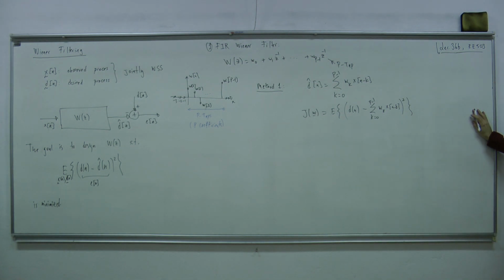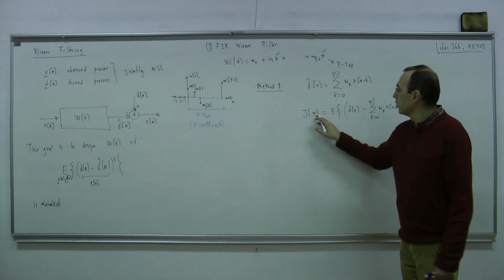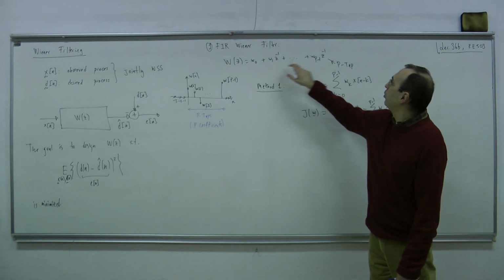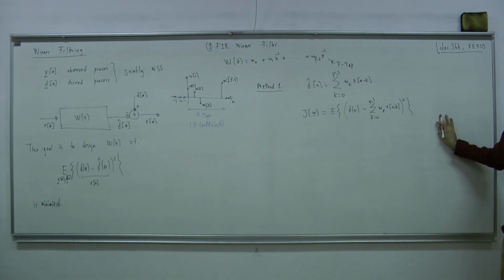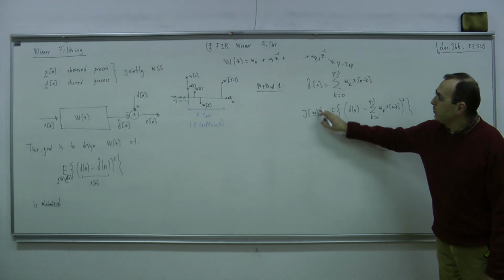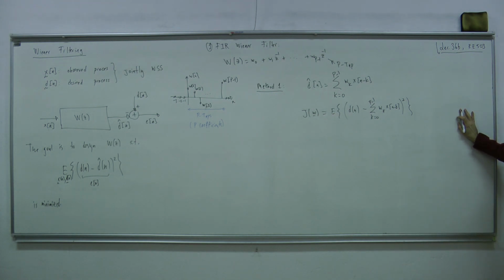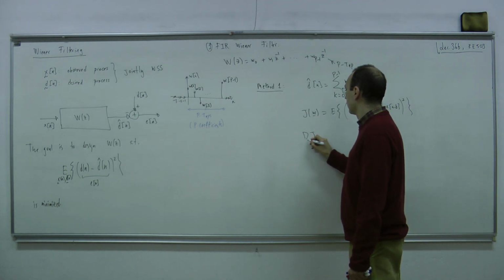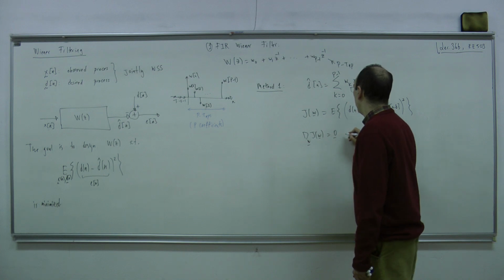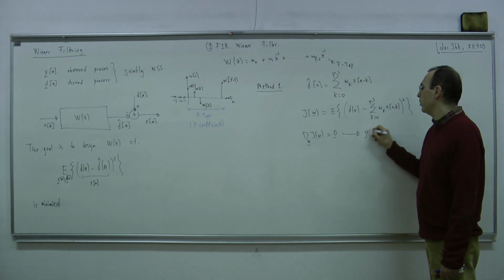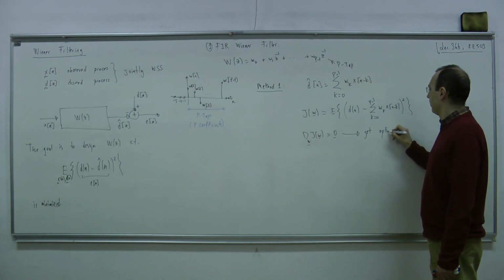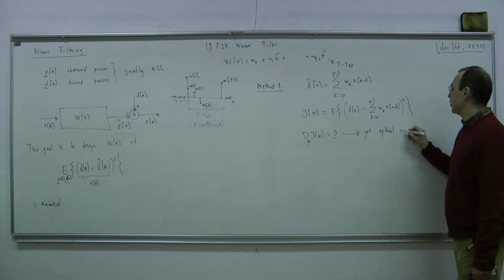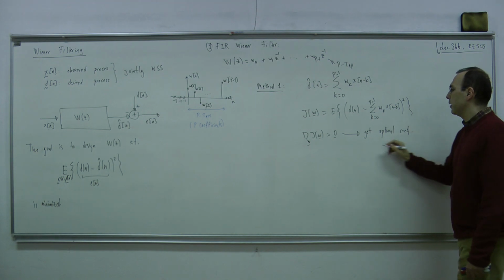And I can say that then I will be taking derivatives with respect to w0, w1, or the gradient with respect to this w vector and equate it to 0. Okay, so I can do this. Equate this to the 0 vector and get the optimal coefficient equation.